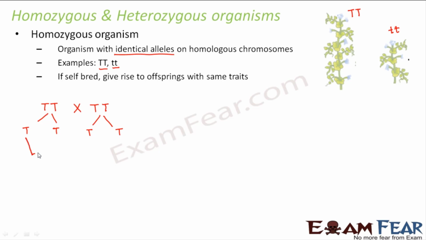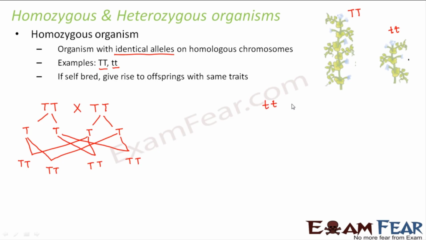This T can combine with this, or this, or this can combine with this. So what do we see? In all the cases, we get homozygous tall plants, right? So all are tall homozygous. If it is self-bred, it gives rise to offsprings with the same traits.